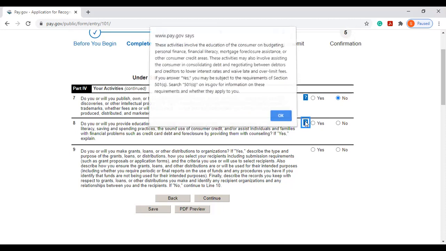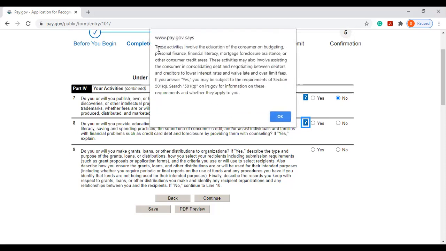Click on a question mark and you can learn more about it. These activities involve the education of the consumer on budgeting, personal finance, financial literacy, mortgage disclosure assistance, or other consumer credit areas. These activities may also involve assisting the consumer in consolidating debt and negotiating between debtors and creditors to lower interest rates and waive late and over limit fees.